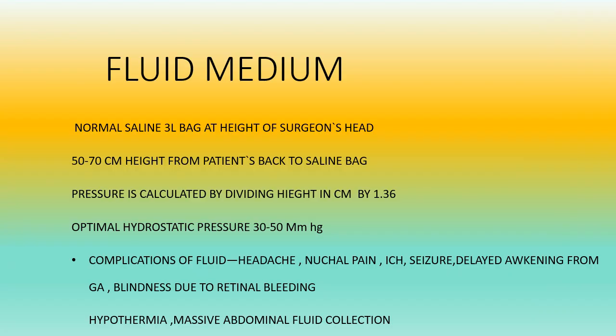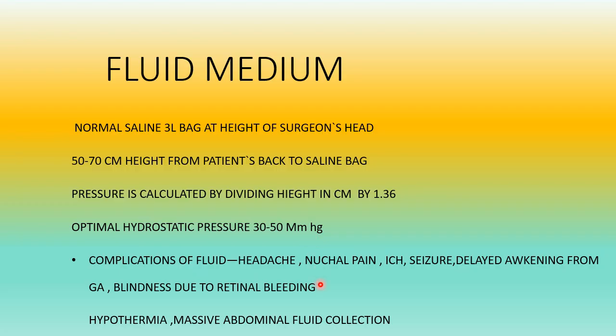The fluid medium we use is 3%, a 3-liter bag of saline over the surgeon side. Usually the height is 50-70 centimeters from the patient to the saline bag, and it is roughly divided by 1.36, that is 30 to 50 millimeters of mercury pressure. It is sufficient to stop venous oozing, bone oozing, and bleeding, but not arterial bleeding.